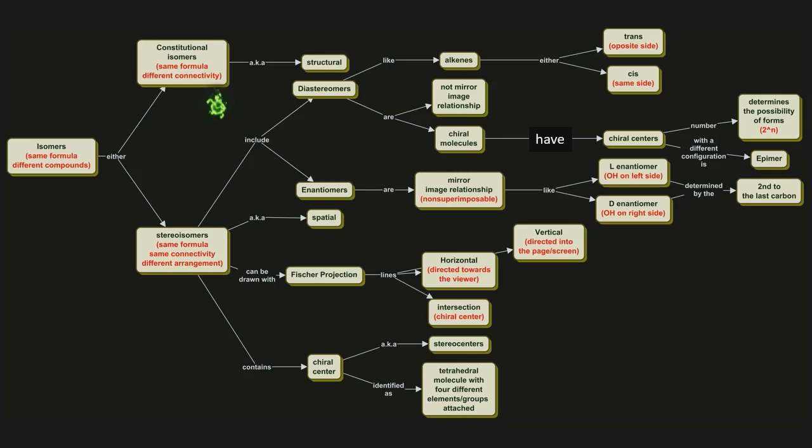This type of isomer, the constitutional isomer, has basically the same formula, the same number of carbons and the same number of hydrogens, but the atoms are structurally connected differently. Again, constitutional isomers are also known as structural isomers.